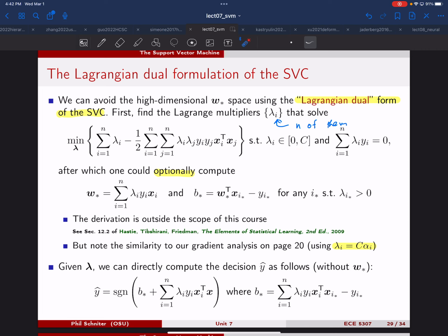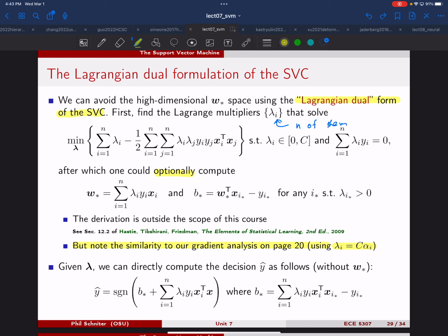So anyway, there are some connections between what we did before. But the main thing for you is you don't have to understand all the details here. Just understand that this is a different way to compute the SVC, where you avoid computing the weight and bias directly. Instead, you compute these Lagrange multipliers.